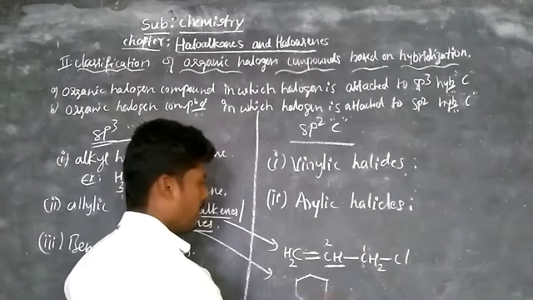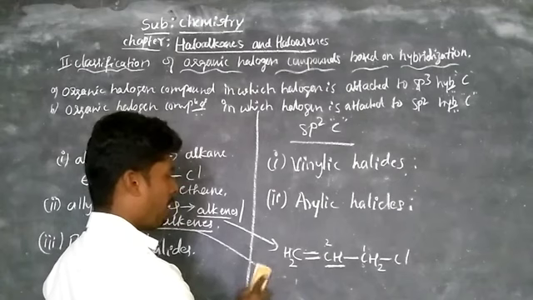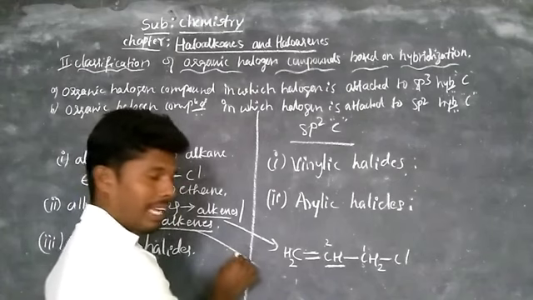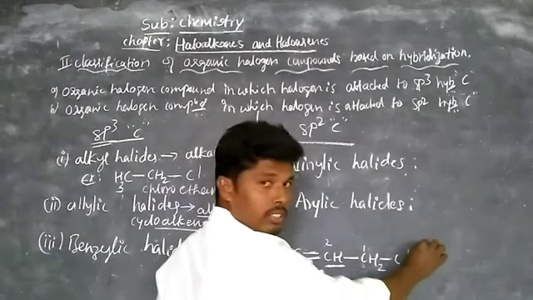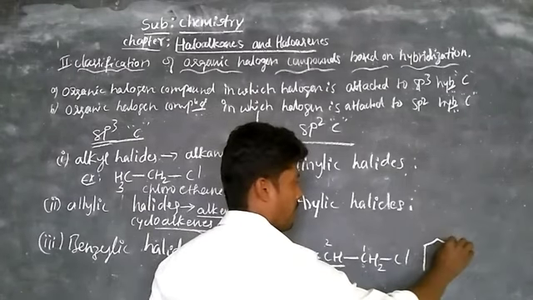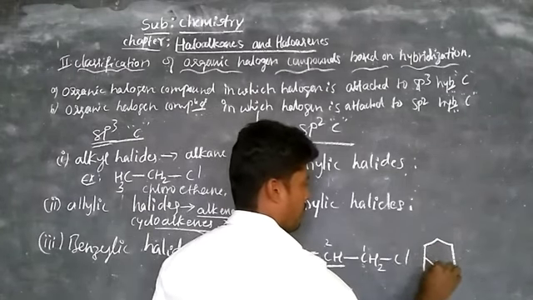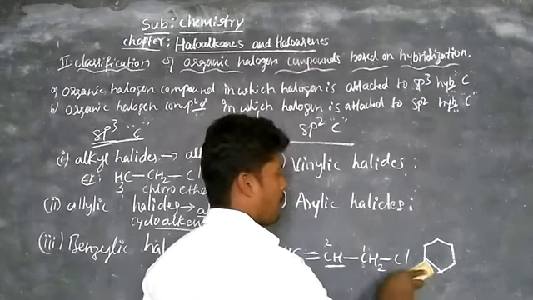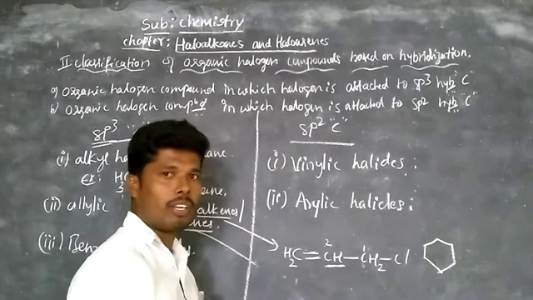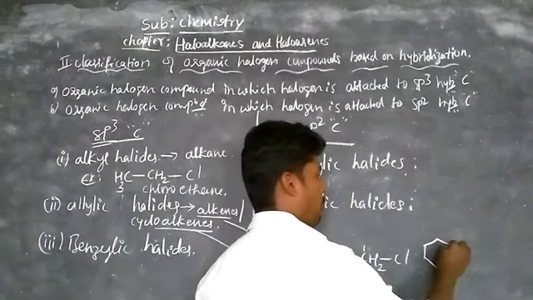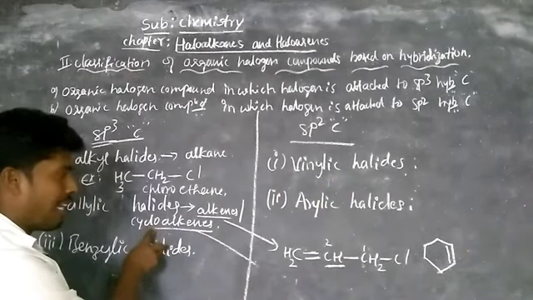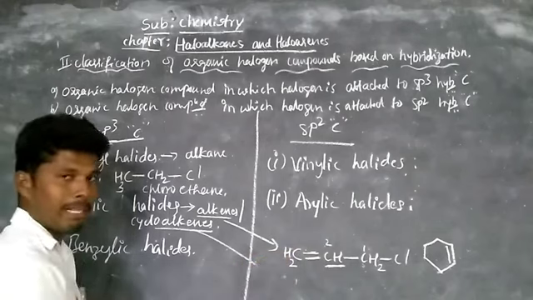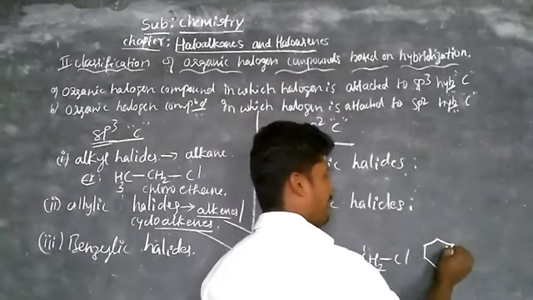So here, the example for the cycloalkenes I am giving here. This is what? Cyclohexane. Here write one double bond. This is called what? Cyclohexene, that is cycloalkene. Example cyclohexene, and write one methyl group.